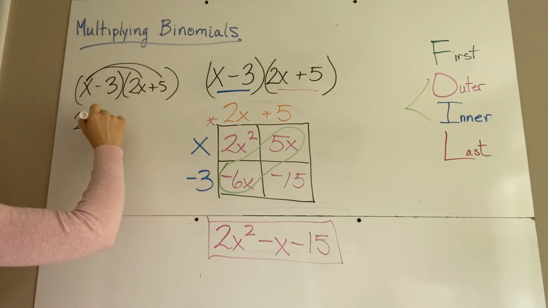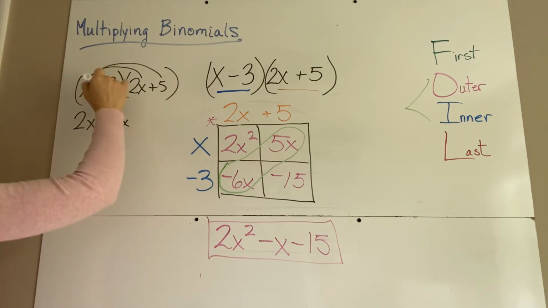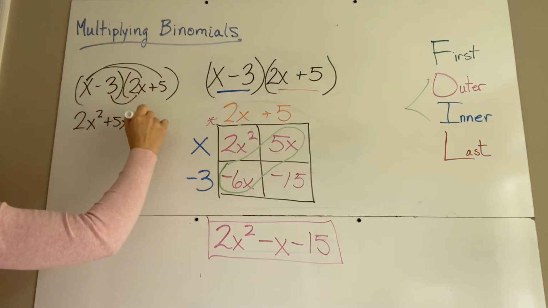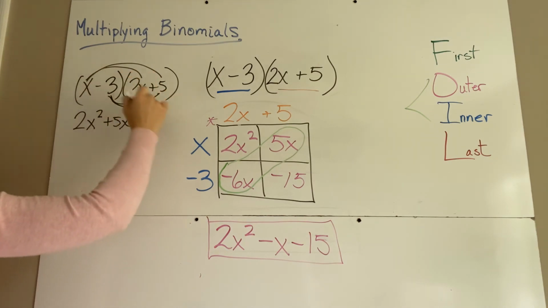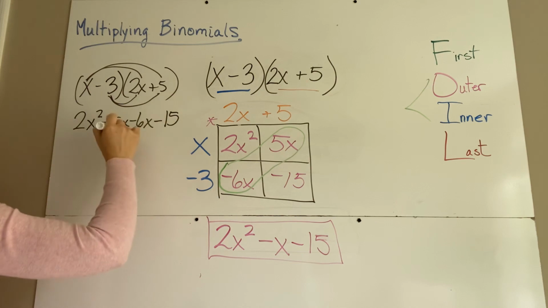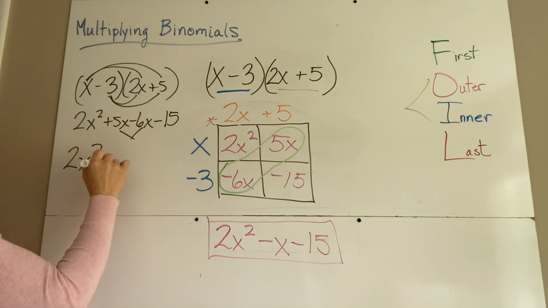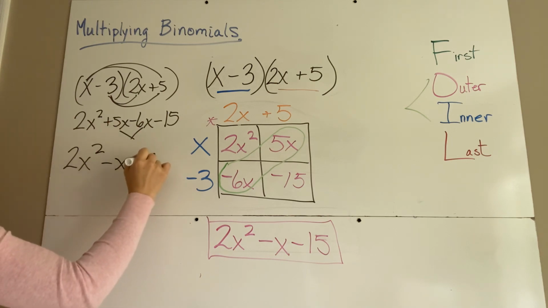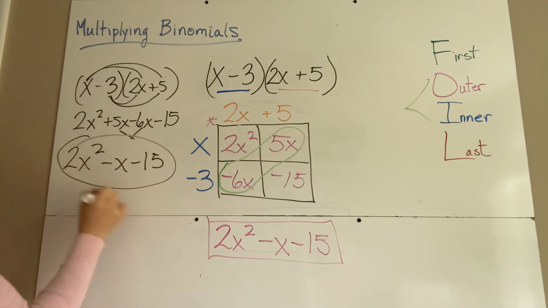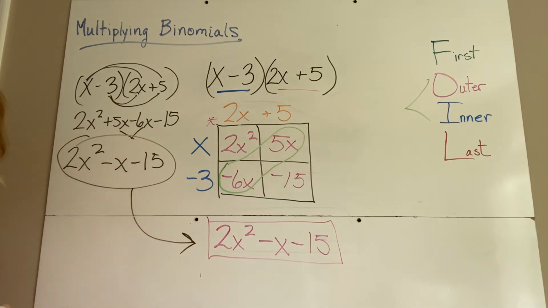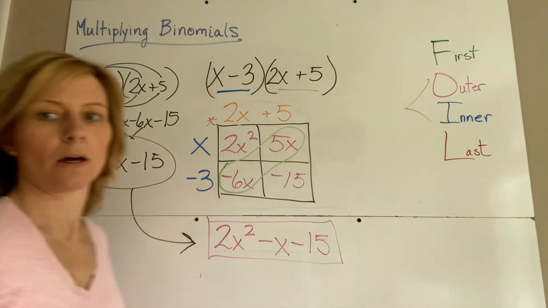Outer, plus 5x. Inner, minus 6x. Last, minus 15. Combine those middle terms: 2x squared minus x minus 15. Same thing.